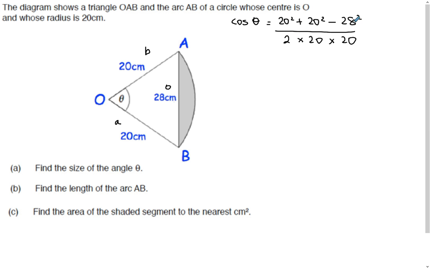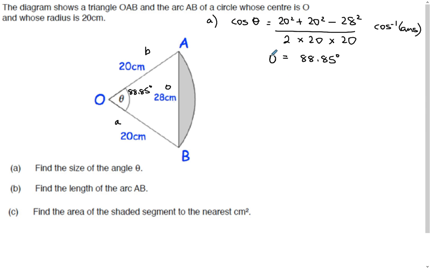On your calculator, it'll give you the cos of the angle, so you go shift cos answer, and the angle you'll get is 88.85. I'll put it to 2 decimal places because I'm sure we're going to use it again, so our answer will be more accurate. So that's A.